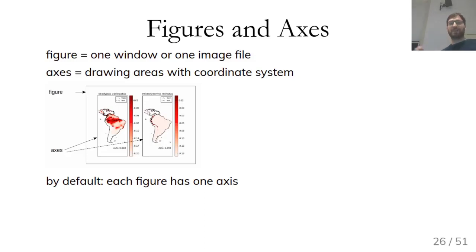And an axis is a drawing area that has its own coordinate system. By default, if you call plot, it'll create one figure, and the figure will have a single axis, and you'll plot into this axis. But very often it's nice to create multiple axes within the same figure if you want to do small multiple plots or something like this. So here you have two axes within a single figure.